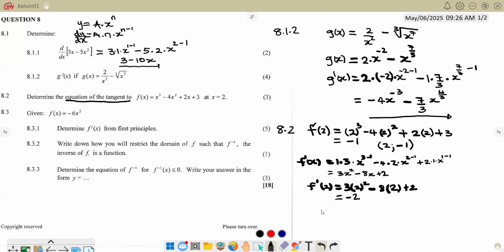So when you get the equation, we are going to say y is equal to mx plus c. But our coordinate is (2, -1).